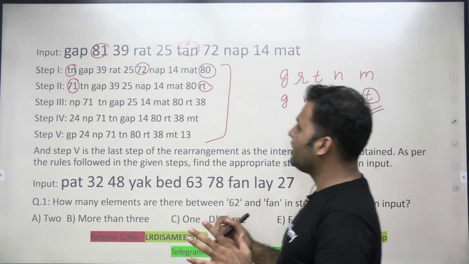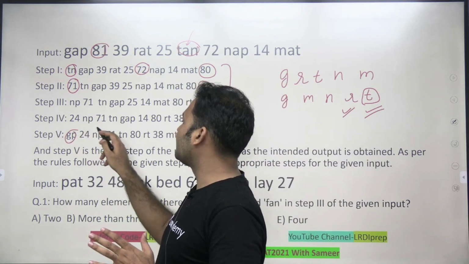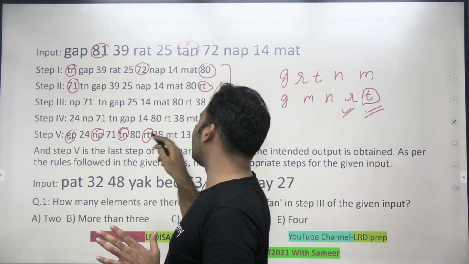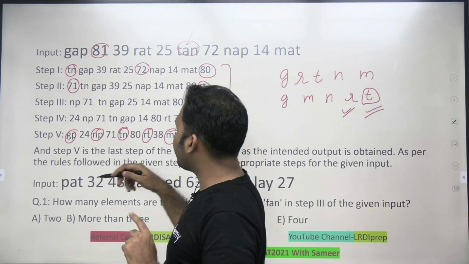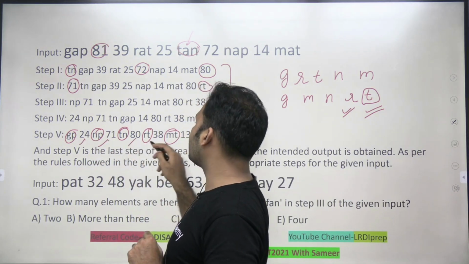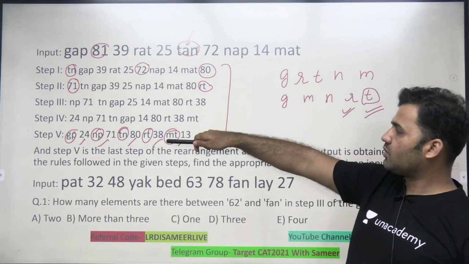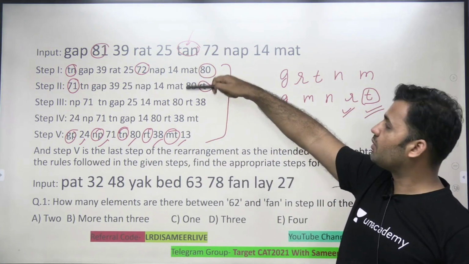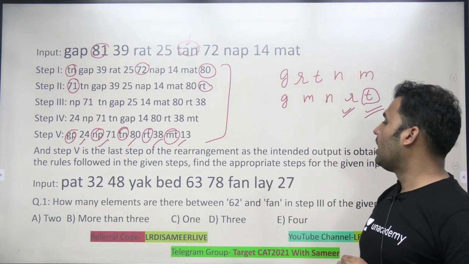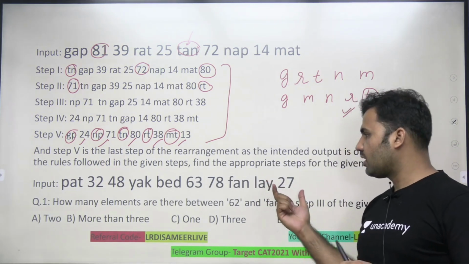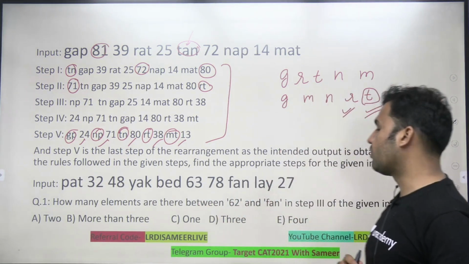So you see that finally I'm supposed to arrange the letters in the increasing order, and I'm supposed to arrange the numbers in the increasing order. In what way I reach this step is something that you need to observe from steps 1, 2 and 3. All right, so we have this input and we are supposed to answer this question. Now what will I do?